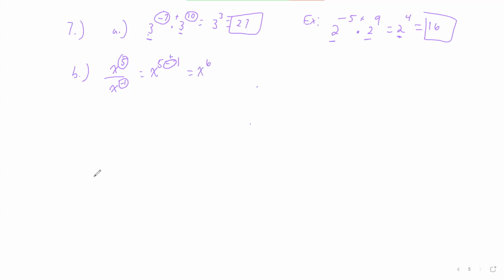And since the answer is positive, I don't have to worry about flipping anything. This is my answer. So a minus a negative, you're actually really adding to the top.